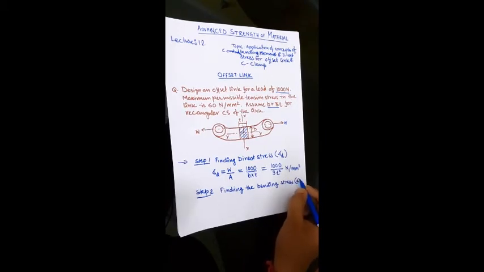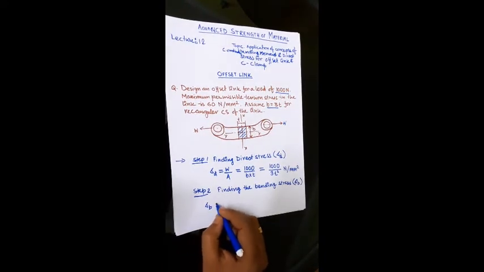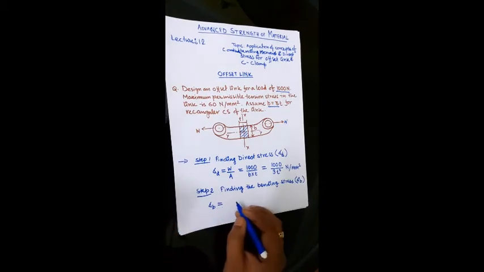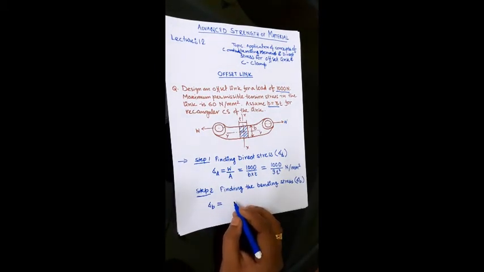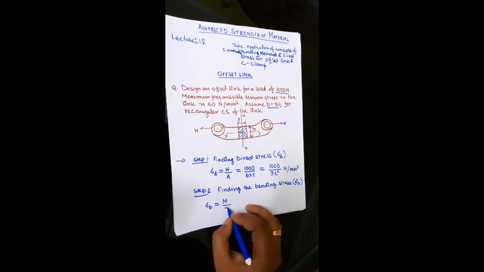The bending stress value is nothing but sigma B, and we know that sigma B will be nothing but M by Z, where M is our bending moment and Z is our section modulus.